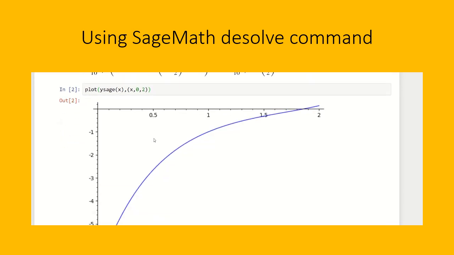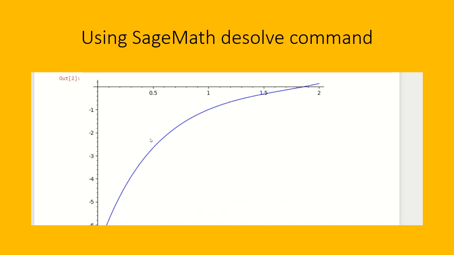And here we get the solution to the differential equation computed by y_sage and plotted. As we can see from this graph, y_sage of 1 is -1, it seems, and once again the slope seems to be about 2. And if you compare this graph to the graph of the function that we computed earlier following variation of parameters, you'll see that they do appear identical.